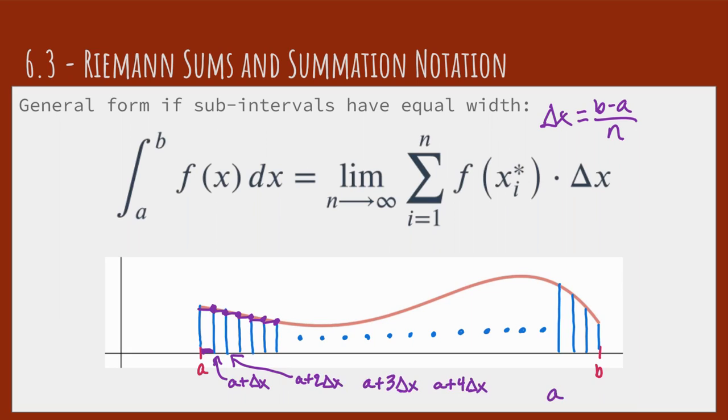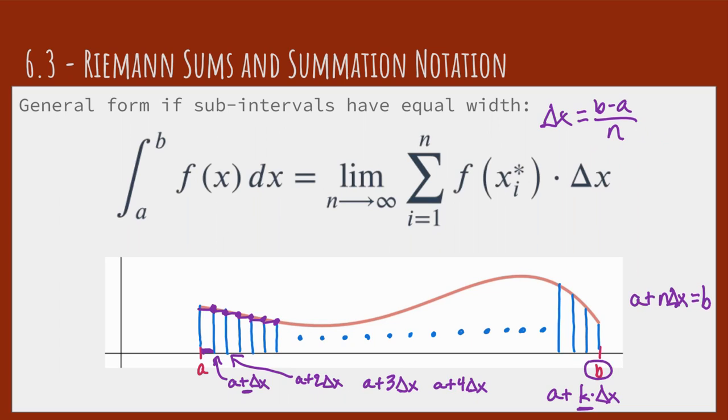These are all in the form of a plus something times delta x. And that something is starting out at 1, and it's going to go all the way up till we get to b. And when we get to b, that is going to be an n there, because a plus n delta x, with delta x being b minus a over n, is going to be the same thing as b.